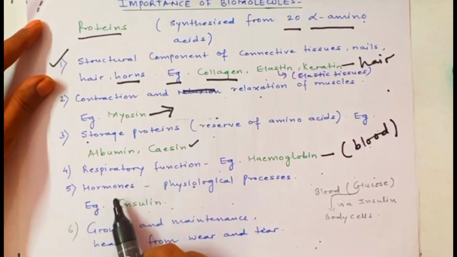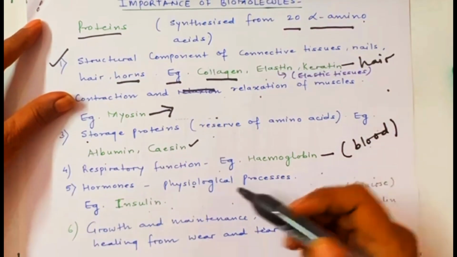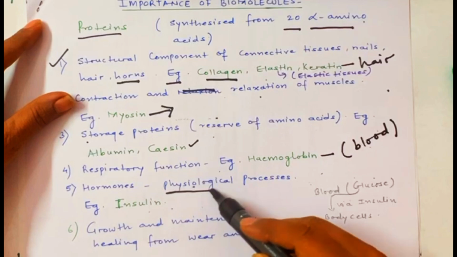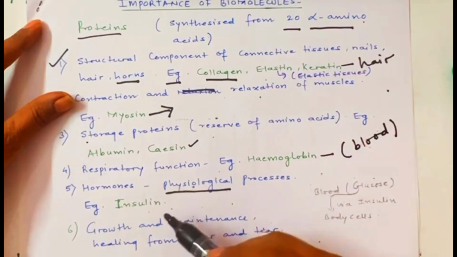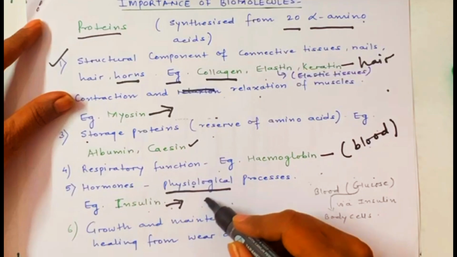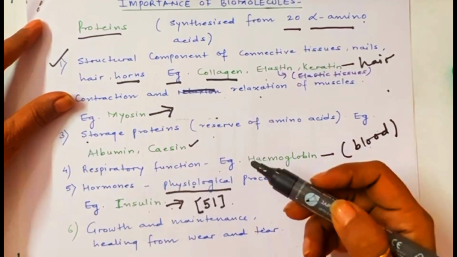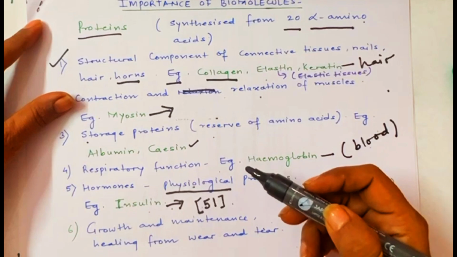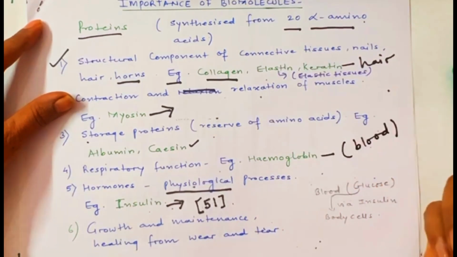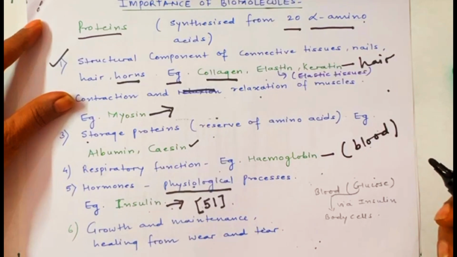Some proteins are also hormones, performing physiological processes, that means the processes which are important for our body functions. Like insulin, which is one of the proteins made up of 51 amino acids, acts as a hormone which maintains the glucose level in the blood.